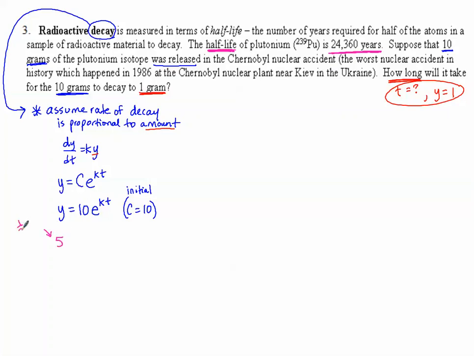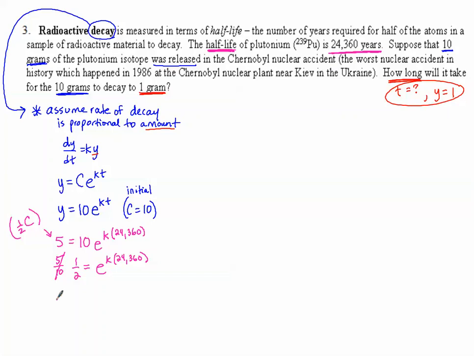This is half of what we started with, our initial amount here, and the half-life 24,360 here. Now we can solve for k. I'm going to divide by 10, 5 divided by 10, or 1/2 equals e to the k times 24,360.